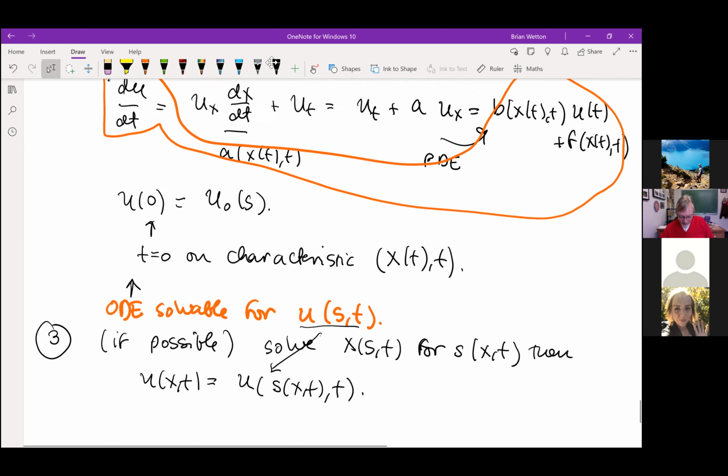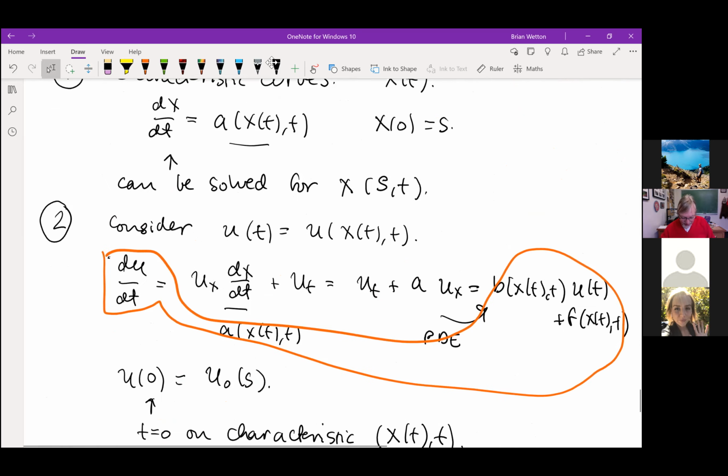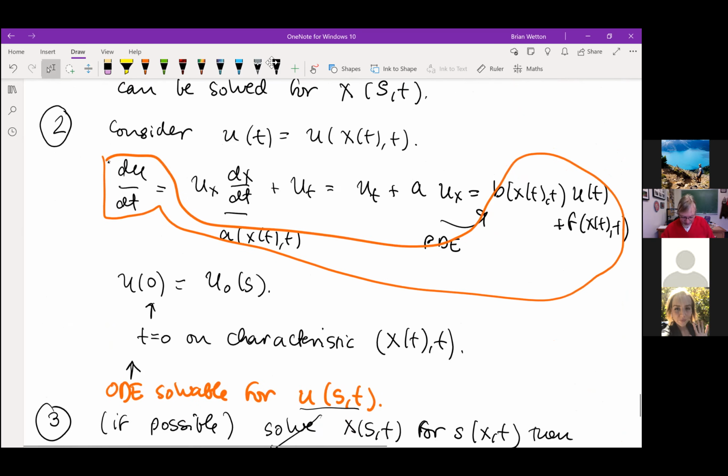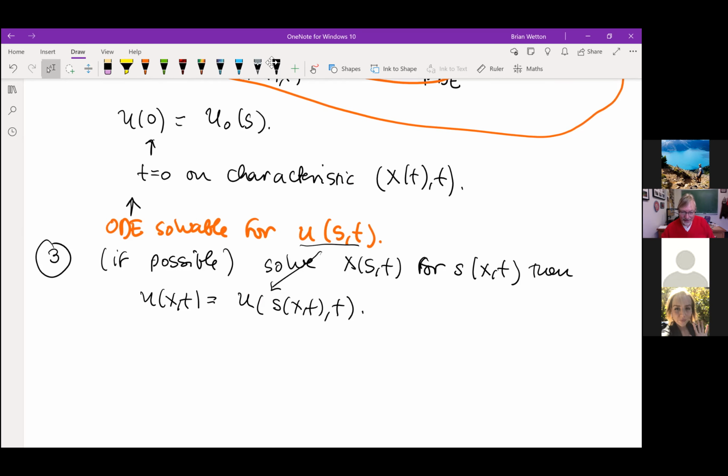Okay, so this is the story for initial data and a clear time-like variable t.